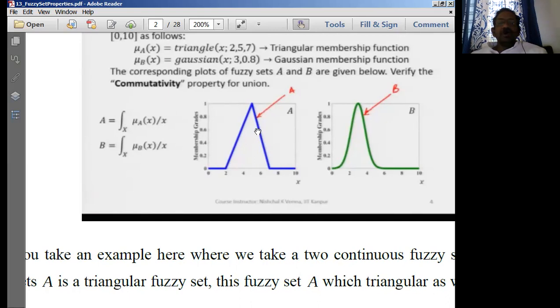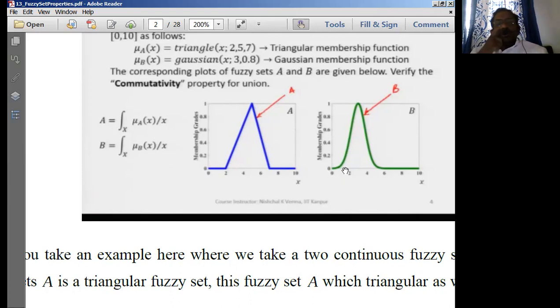See the functions here: this is a triangular function, and here it is a Gaussian function. But the representation of membership for fuzzy sets is simply done using integrations. Now it looks the same. That means by just looking at these two integral equations, you really cannot figure out that A is the triangular function and B is the Gaussian function.